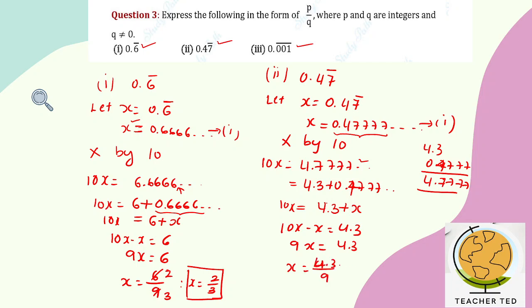In the standard form, multiply by 10 for both numerator and denominator, and it will become 43 divided by 90. So here you need to carefully choose which term you need to take out. For 0.477, if you add 4.3 only, it will become 4.777. So these two are the important steps you need to remember.